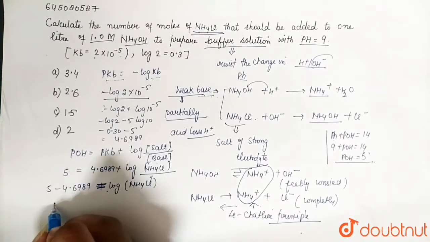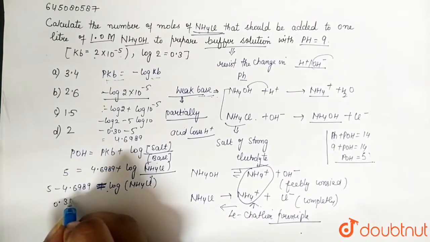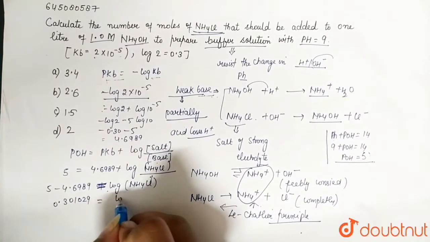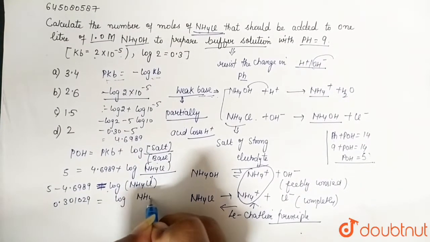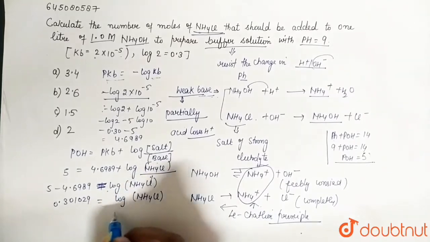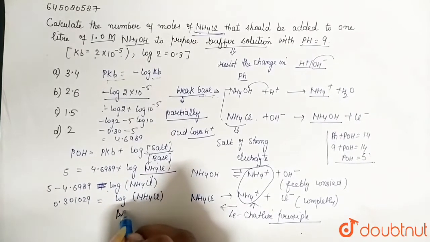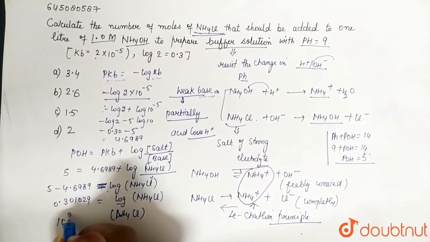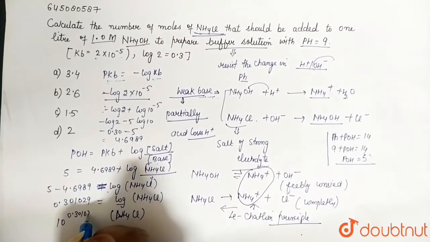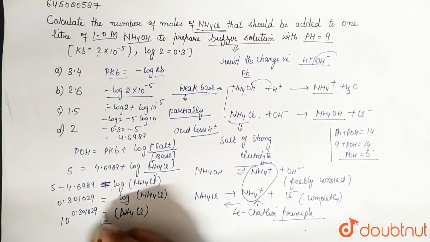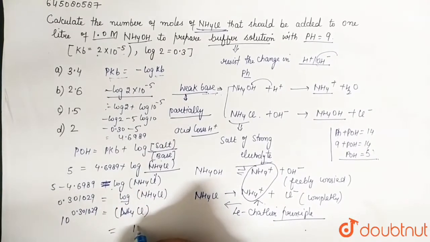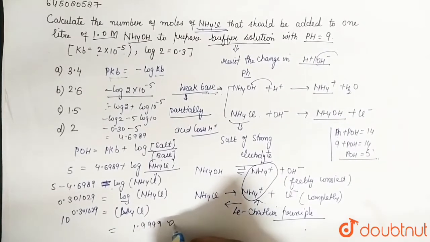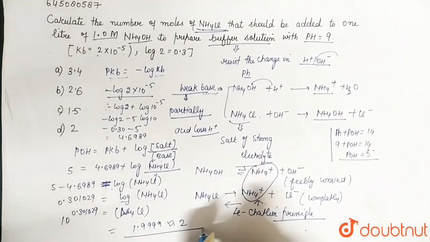After subtracting this, you will get 0.301029, which is equal to log NH4Cl. Now this concentration of NH4Cl, this log has to be removed. This is 10 to the power 0.301029. After solving this comes out to be 1.999, which we can take as proportional to 2.